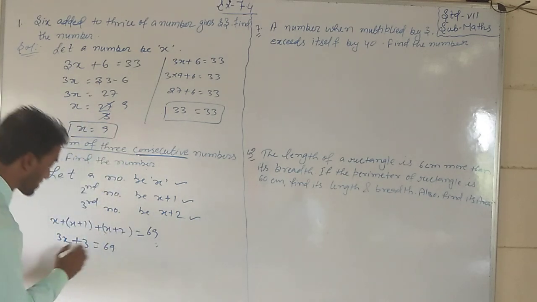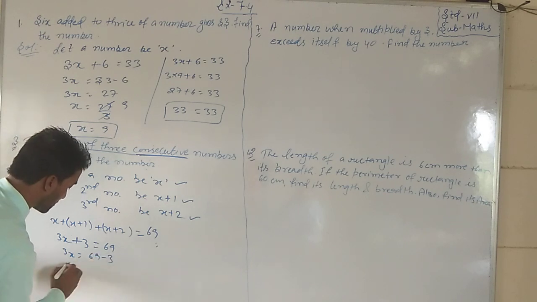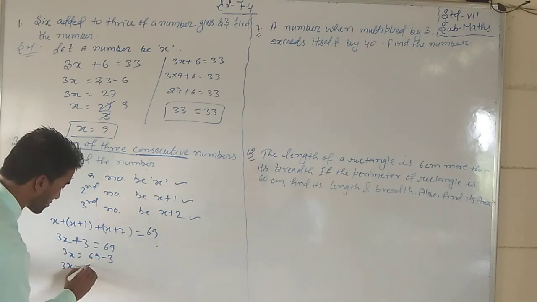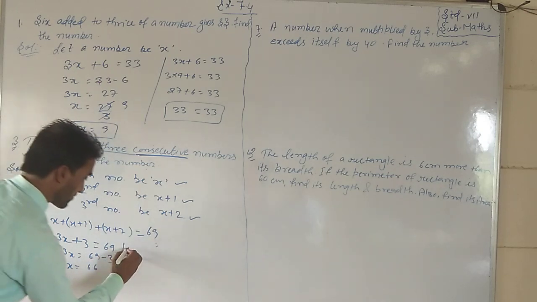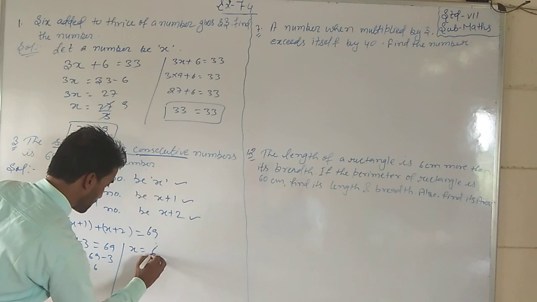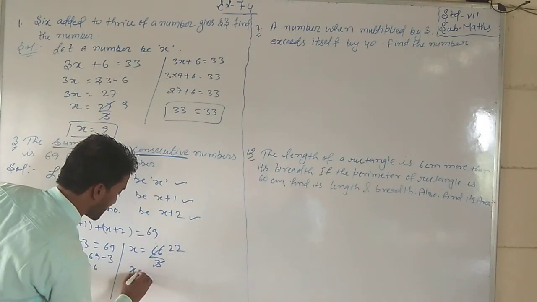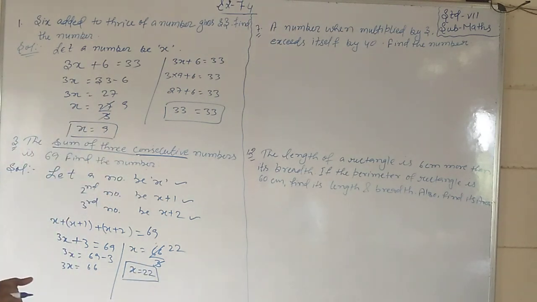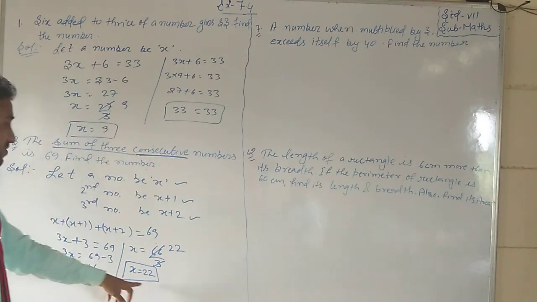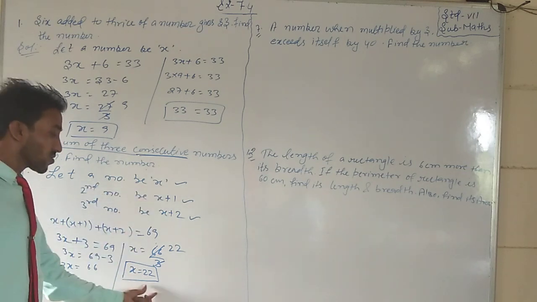This 3 will transfer to that side: 3x is equal to 69 minus 3, so 3x is equal to 66. x is equal to 66 by 3, which is 22. Students, again, even check: the first number is x, which is equal to 22.